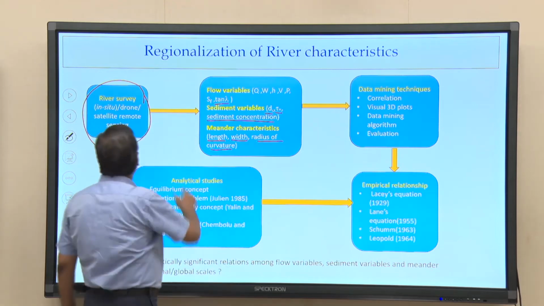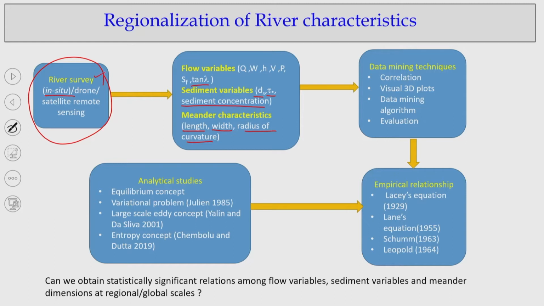So, definitely the river survey plays a major role in finding out the river variables in terms of flow variables, sediment variables, and meander variables. That is the data we get. In terms of degrees of freedom, in the flow there are the discharge, width, flow depth, velocity, perimeter, and slope. For the river bend you can have streamline deviations.